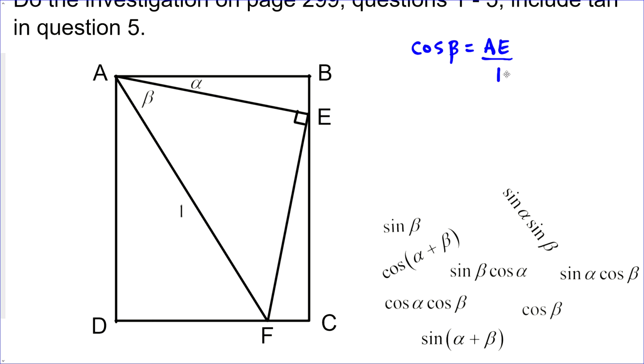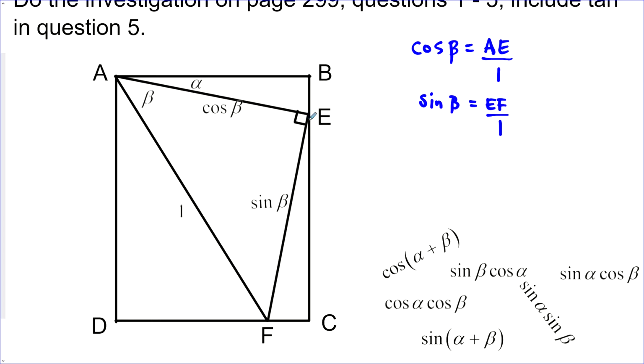Now, the 1 really doesn't matter, so cos beta is essentially side AE. So we will label it cos beta. Let's do that again, except with this opposite side. Sine beta equals EF over 1. So sine beta is this side here.